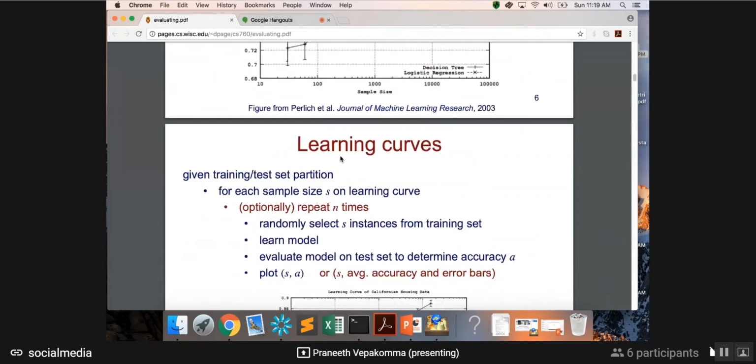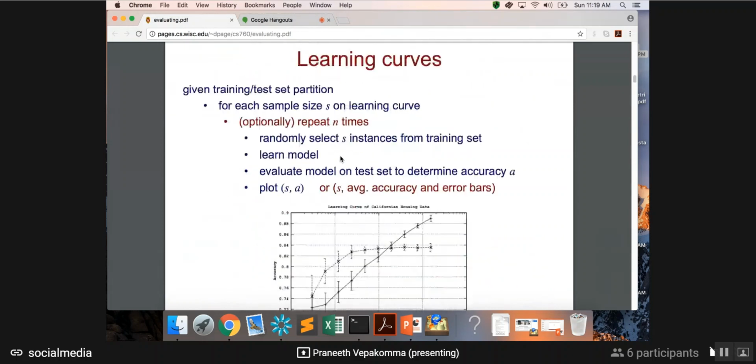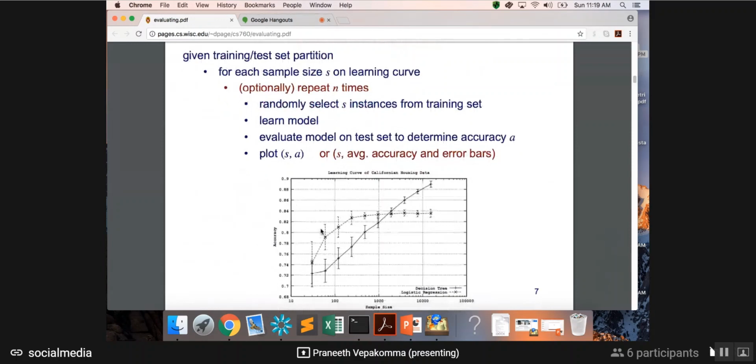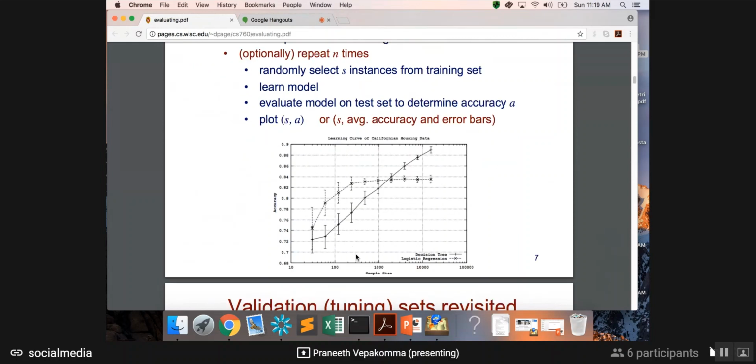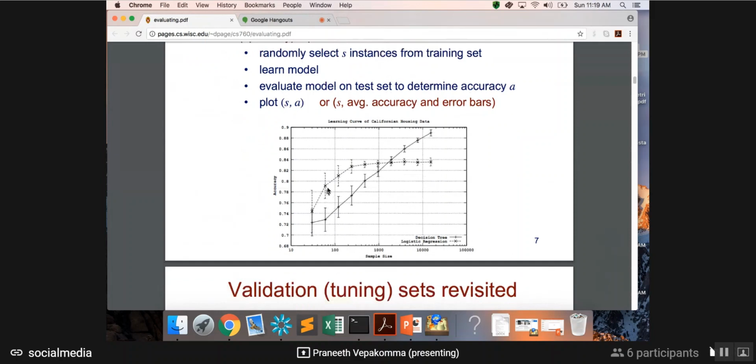All right, so now the question is whether this estimate of the curve is good enough, or is there some error bar? At every point there is this interval that you're looking at, which is some sort of error bar. Basically, this is saying that at these sample sizes, on this particular technique, say logistic regression, on this particular data set, they're not very sure about what the exact value is, but they're very sure that it is somewhere between 0.79 and 0.83.